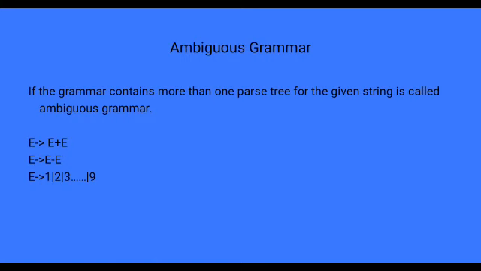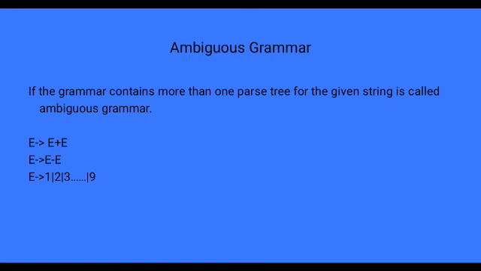I am giving the input string as 9 minus 7 plus 2. If you take 2 different expressions and 2 diagrams, you will get different results. Prove that it is ambiguous grammar.